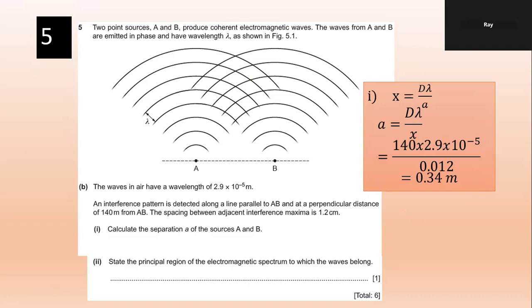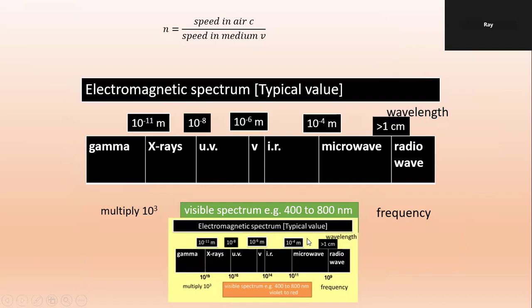So it should be infrared. 10 to the power minus 7 is about visible light. So that one is of the order of infrared, longer wavelength. Remember it should be infrared, I think.